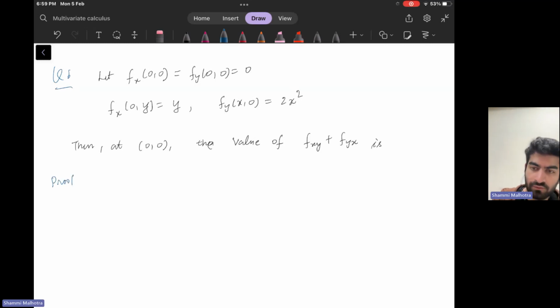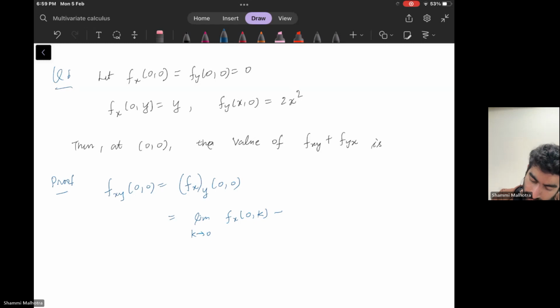So to find this, again we apply the definition. So I have to consider fxy at 0, 0. This notation implies the partial derivative with respect to y of the function fx at 0, 0. So this is limit k tending to 0 of fx at 0 comma k minus fx at 0 comma 0, whole divided by k.